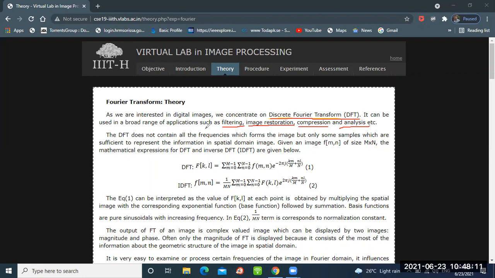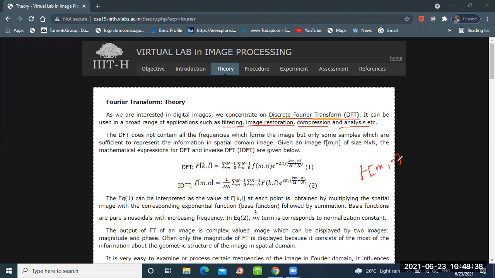Only some portion of the pixels, or certain pixels of the sample, will be converted into the frequency domain. That part will be sufficient to represent the information in your spatial domain. Now, for a given image, suppose this is my given image f of n comma n.